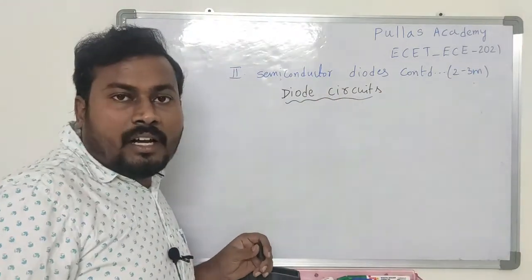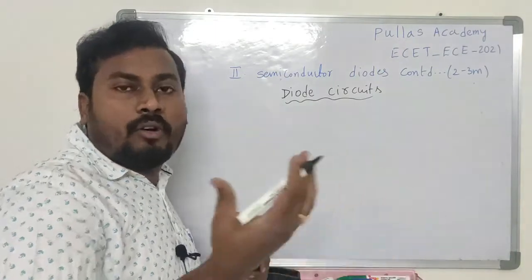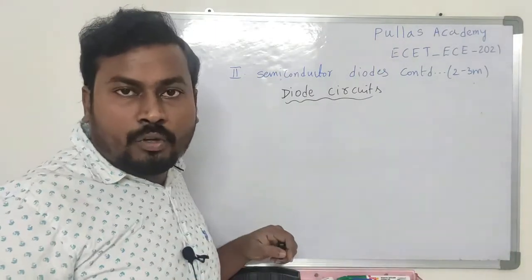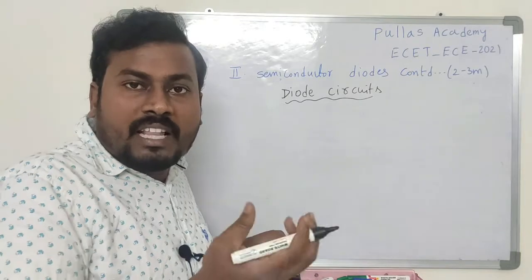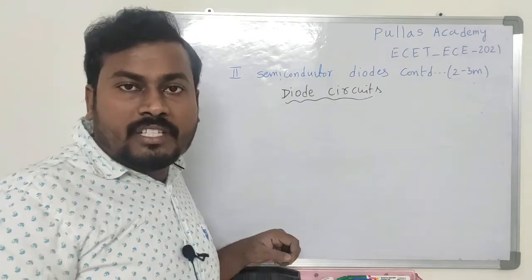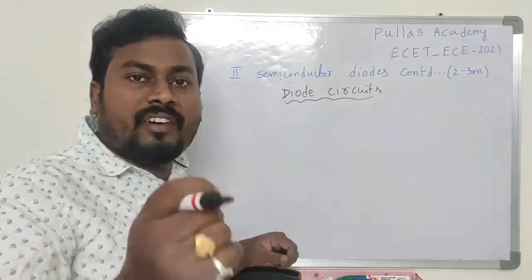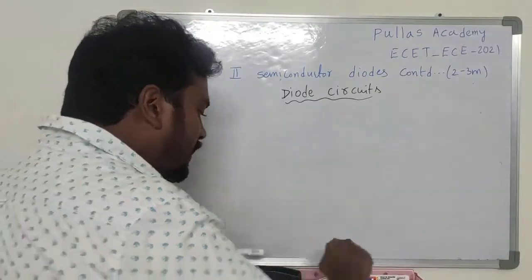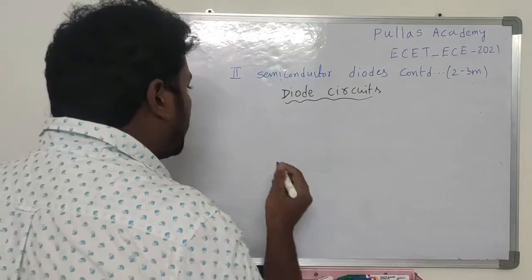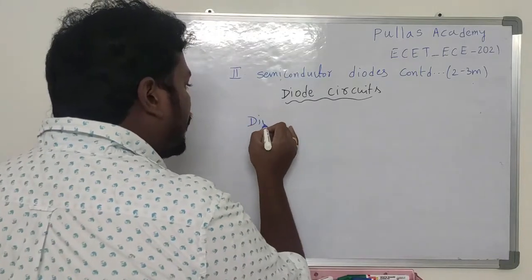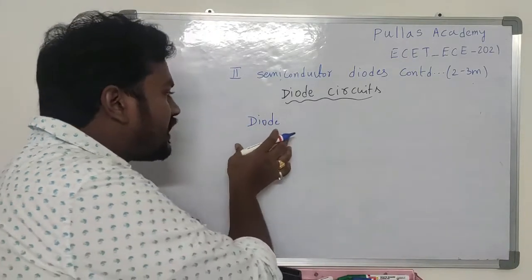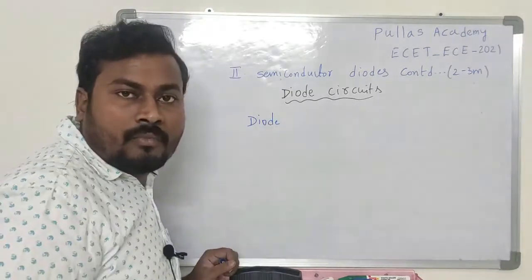Now see, in brief, what is a diode? If someone asks you what a diode is, tell them that a diode is a two-terminal non-linear passive device. Let me write this for you. This is the brief description of a diode.